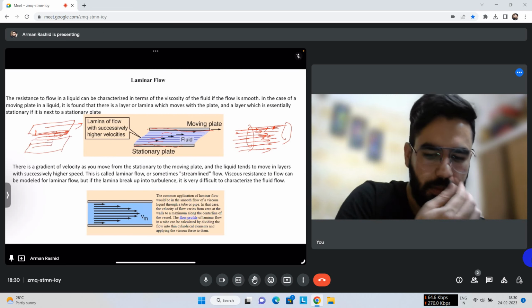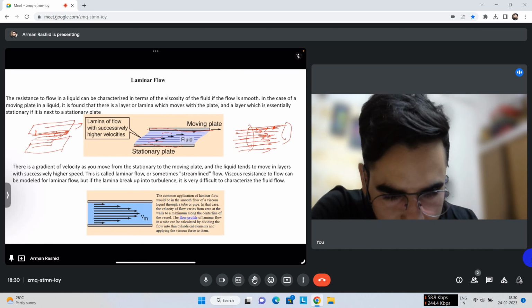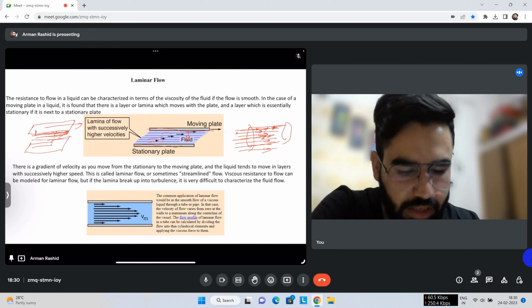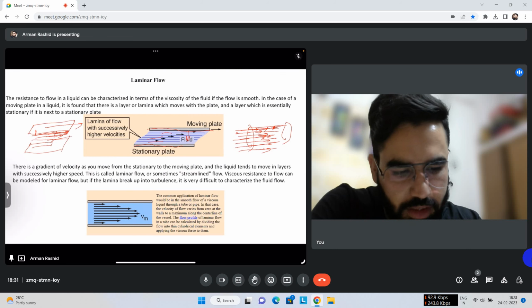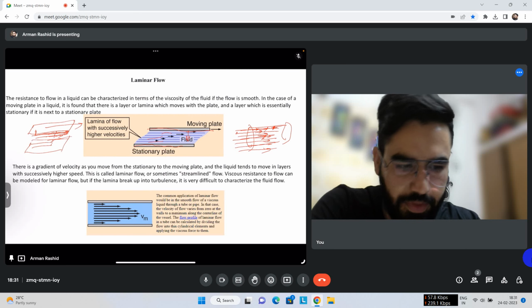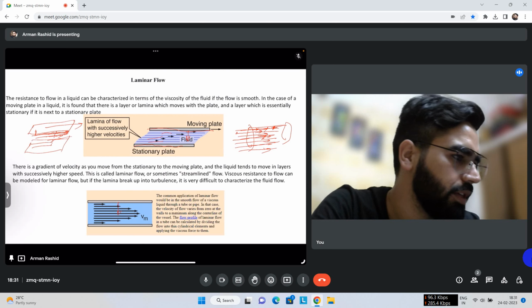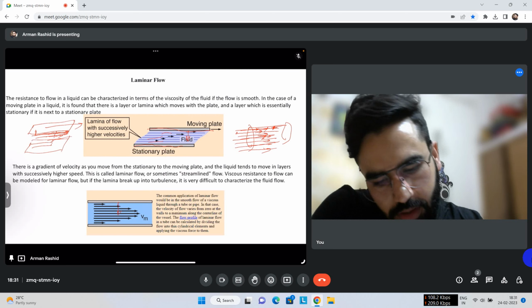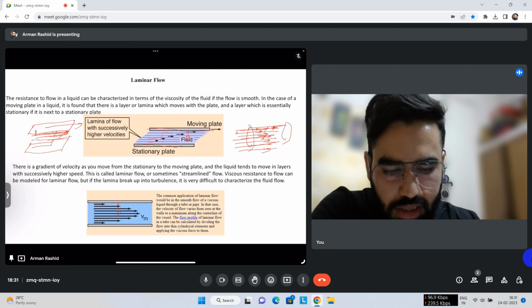There is actually a gradient of the velocity from here to here, and this velocity gradient occurs because of the viscosity of the fluid. This arrangement of having different layers with different speeds is called a laminar flow, or streamline flow.